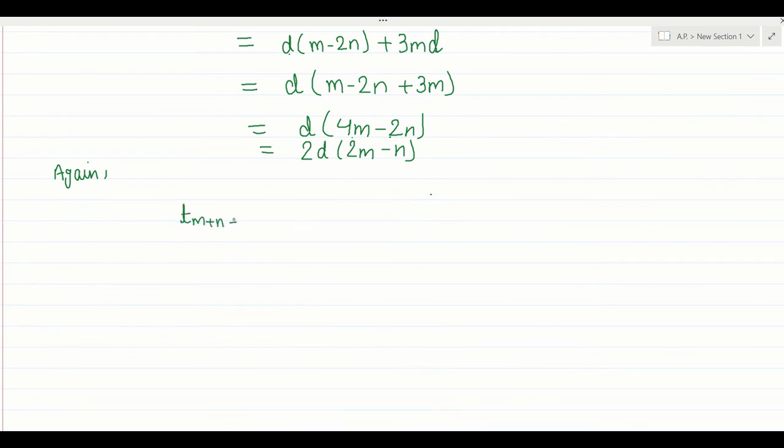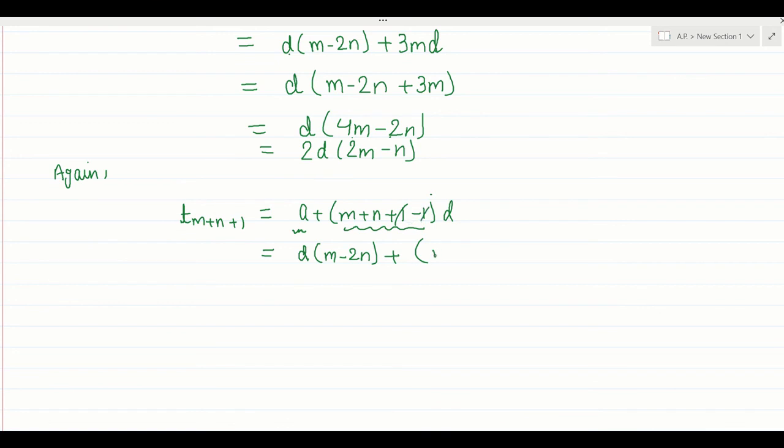Now again T m plus n plus 1th term is given by A plus m plus n plus 1 minus 1 D. Equal to, now the value of A. What is the value of A? A is D in bracket m minus 2n plus, now within this bracket plus 1 and minus 1 cancelled.